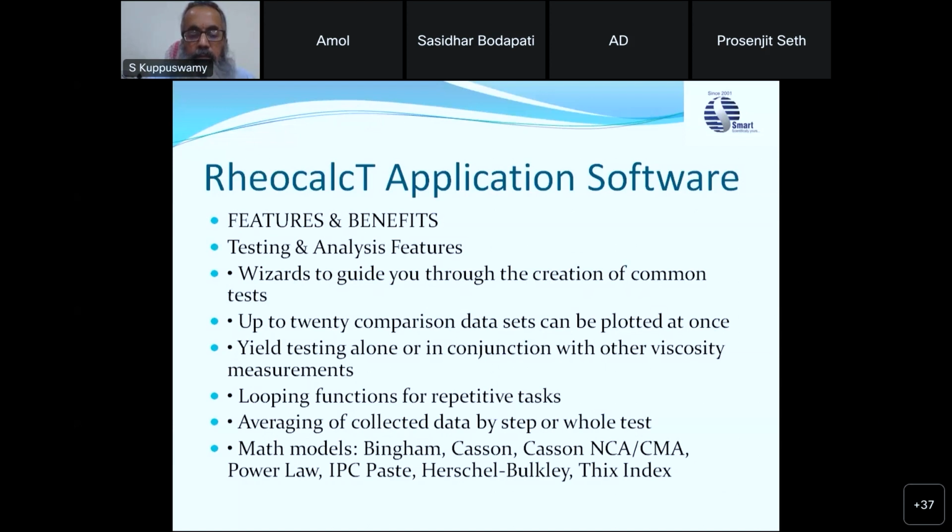Looping functions for repetitive tests can be carried out. You can do averaging of the collected data by step or the whole test. Different plotting can be done with math models, Bingham, Casson, and many more.